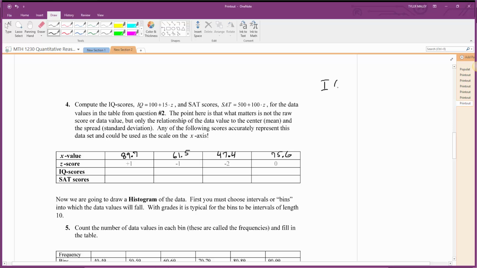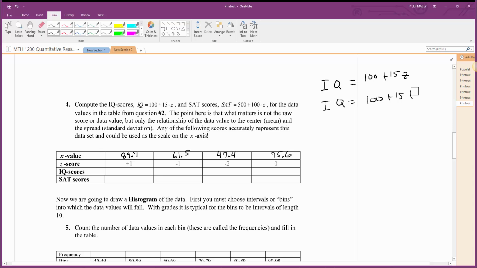So the IQ equation is 100 plus 15 times z. We're just going to plug values of the z-score in to get the IQ score. So for this IQ score, we would plug in 89.7. Excuse me, plug in 1, because we're not plugging in the x value, we're plugging in the z-score.